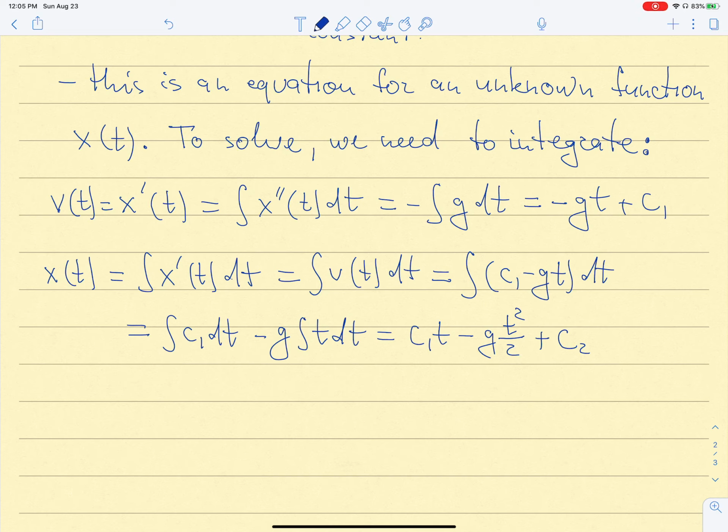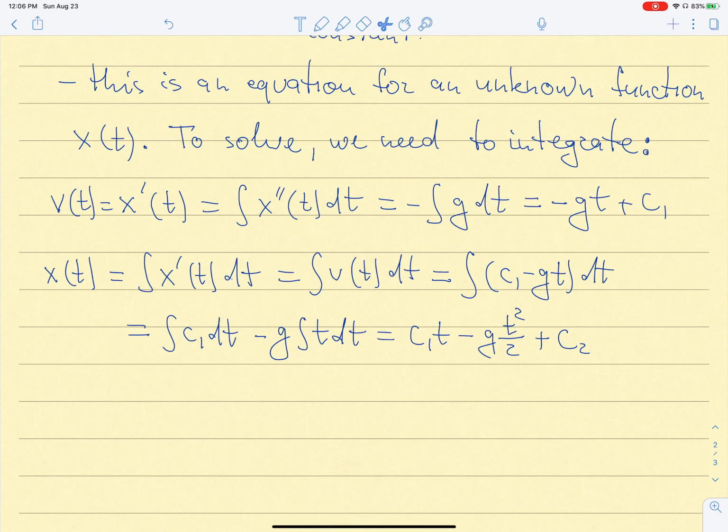Indeed, we have some function of time here on the right. But there is a problem, because in this function you have two generic constants, c1 and c2. And clearly then you did not actually solve anything, because you still cannot predict anything because you don't know the constants. So we have to find some way of figuring out what the constants are.